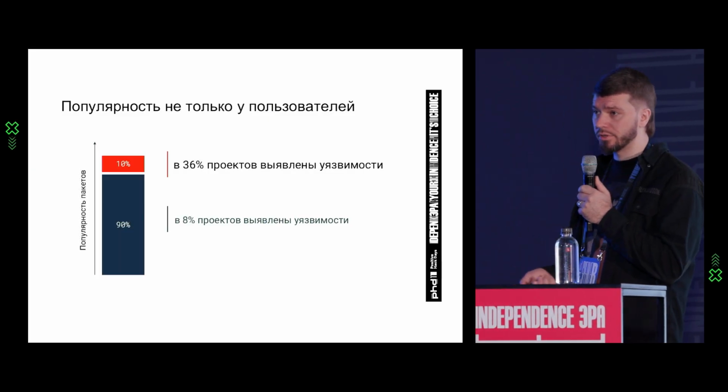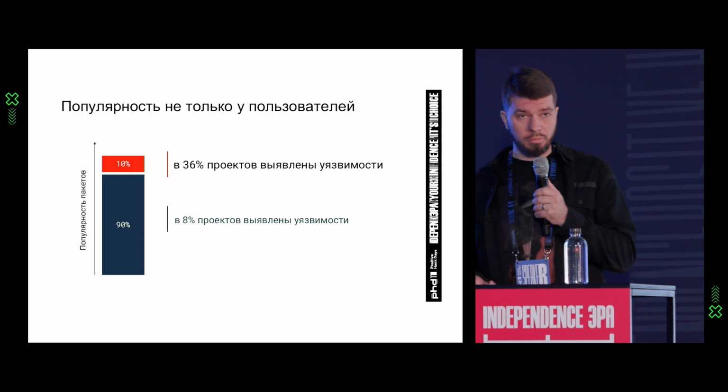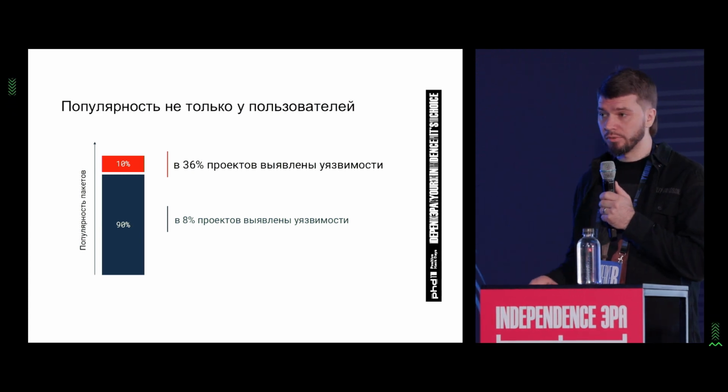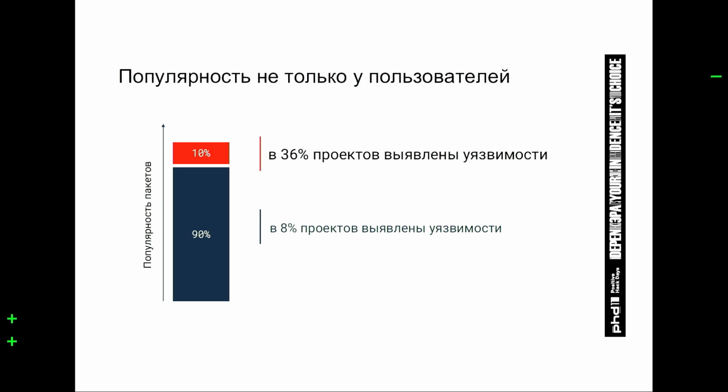It's pretty obvious that you really want to account for the index of packages used in the community and in the code base. And we can see the popularity of packages, if you just take the top 10, is more researched, and in 36% of projects we can find vulnerabilities. And it's interesting to follow these vulnerabilities, it's interesting to follow this progress.